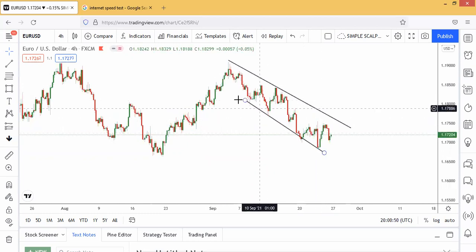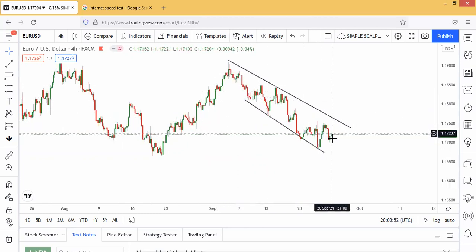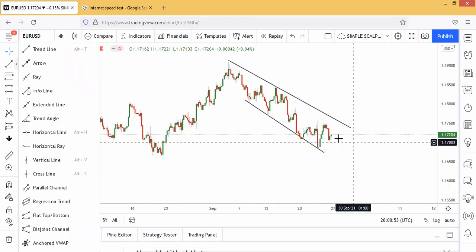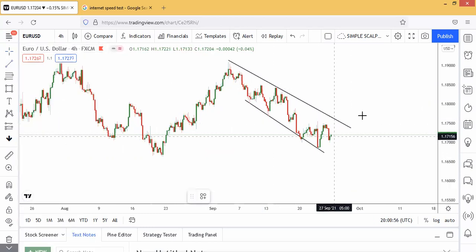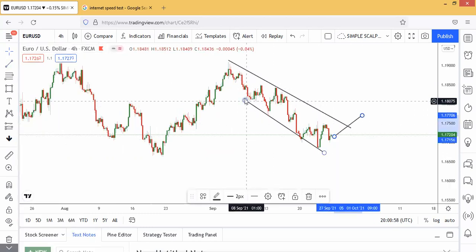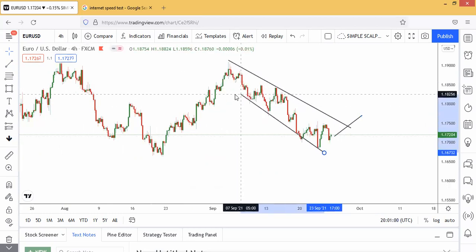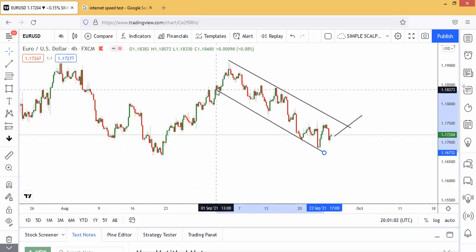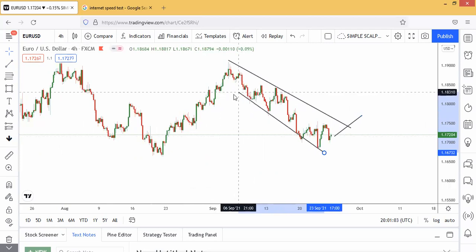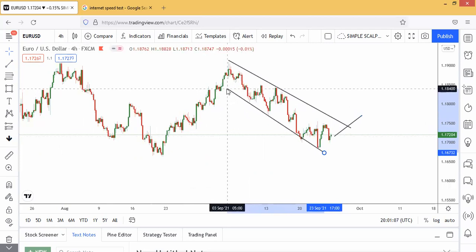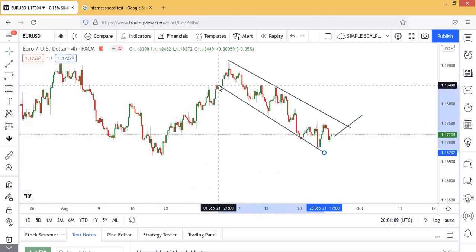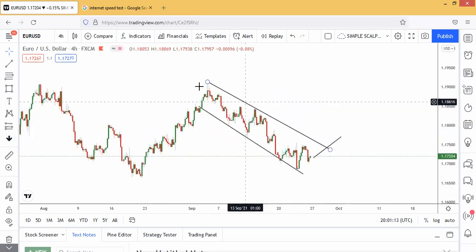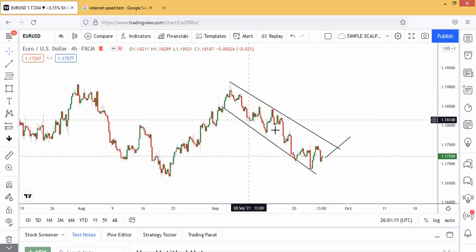So we're expecting that at some point price is going to go up and break up. So we are not too concerned about the lower trend line. You may draw it for educational purposes, just for you to be able to see it. You may draw it, but what we are concerned with most is the upper trend line in the case of a downtrend.